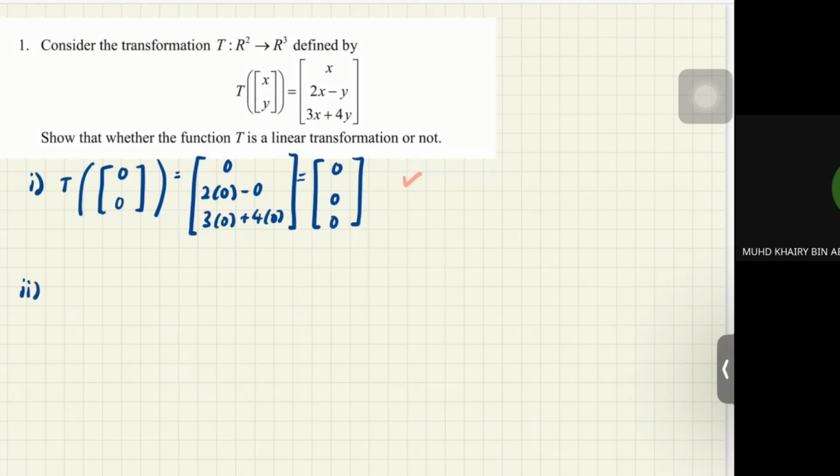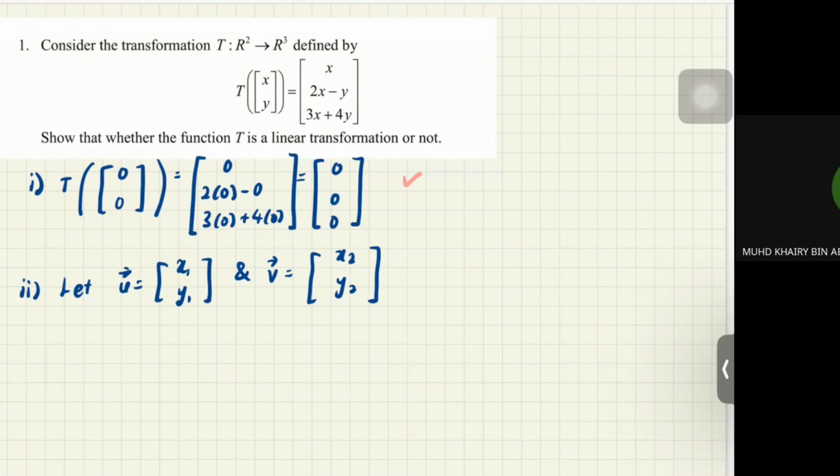addition of vectors. In this case, you have to let the transformation take 2 values. Let u equals (x1, y1) and v equals (x2, y2), vector v and vector u.